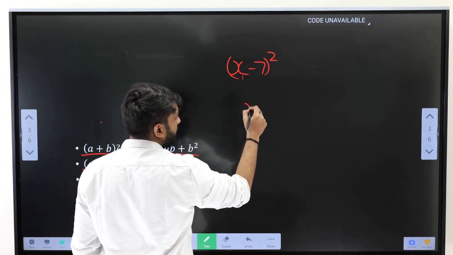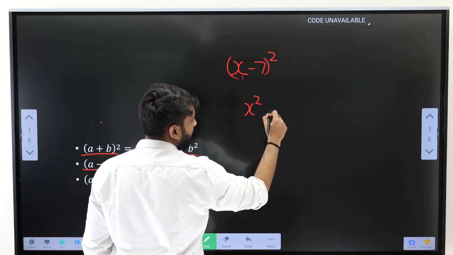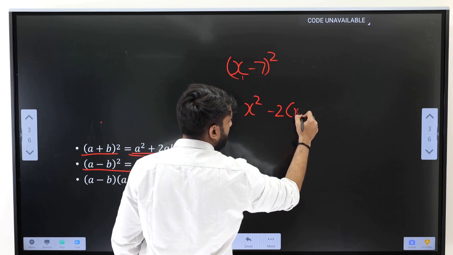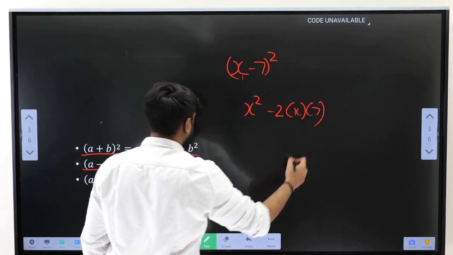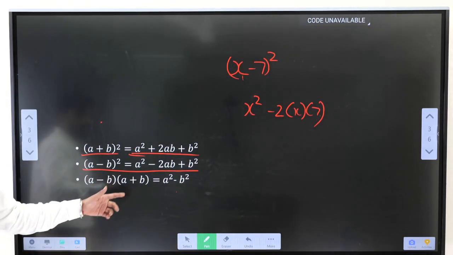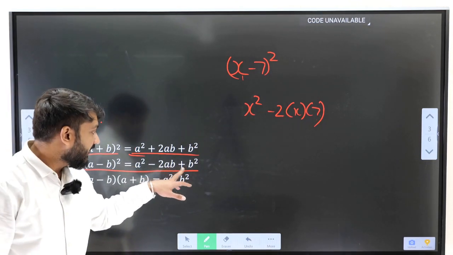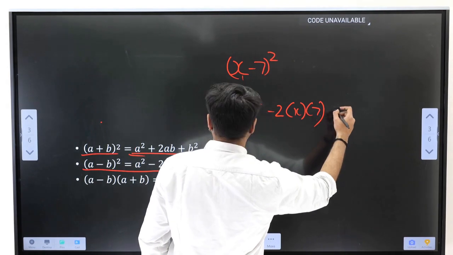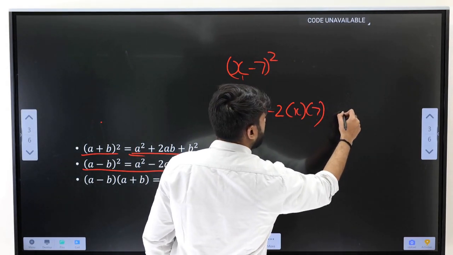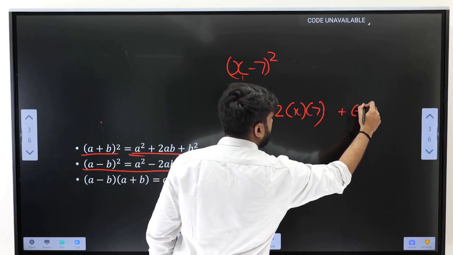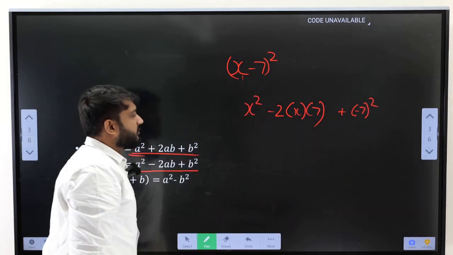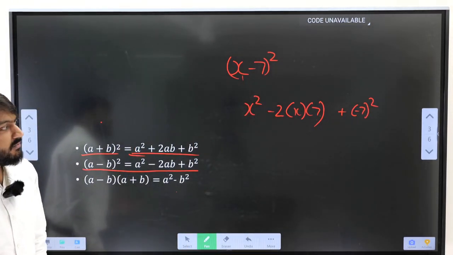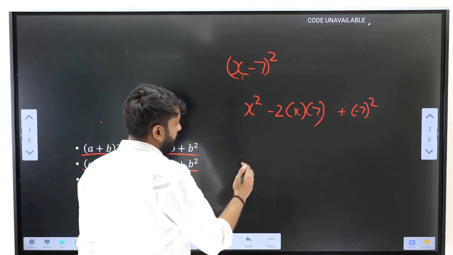Once again, the first term will be x squared, then I have to write a negative 2 into x into 7, right? Because if you see, (a minus b) the whole square is a squared minus 2ab. So I've written minus 2 into x into 7, and then there is a plus. So why do we get b square positive? Because the square of negative 7 will also be a positive number, right?